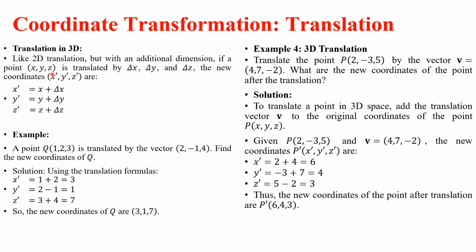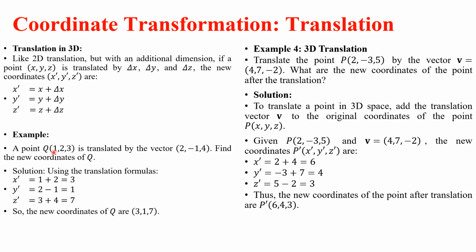So similarly, translation can occur in space, that is 3D, where we have the coordinate points x, y, and z. As a general rule for translation in 3D, the new x, y, and z coordinates can be determined by simply adding the change in x, the change in y, and the change in z respectively.